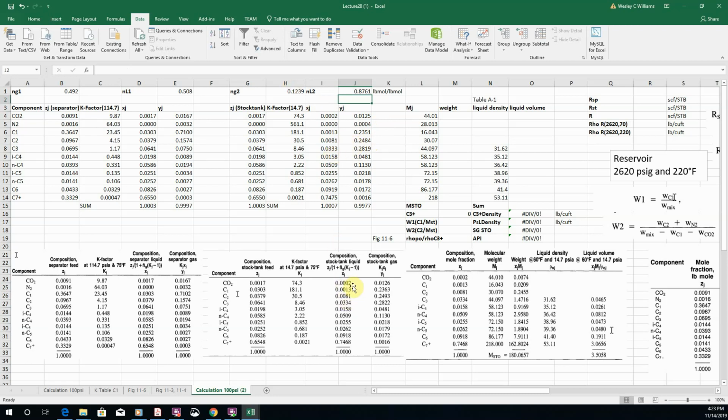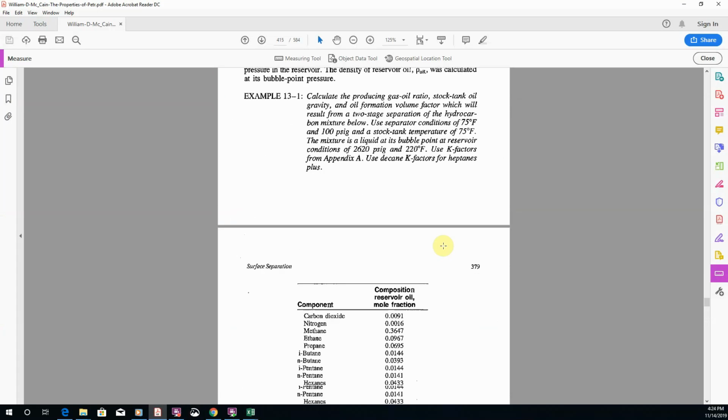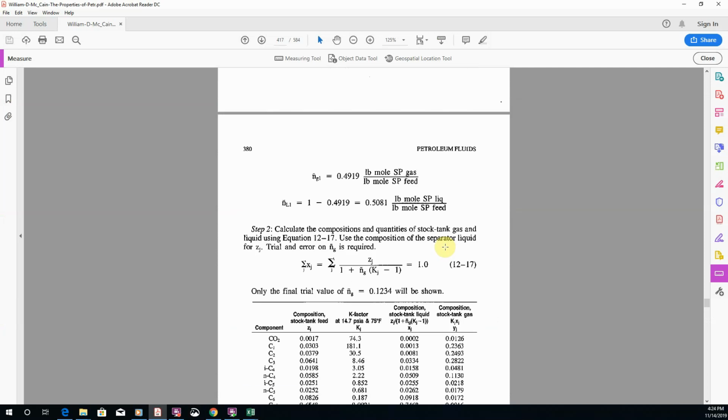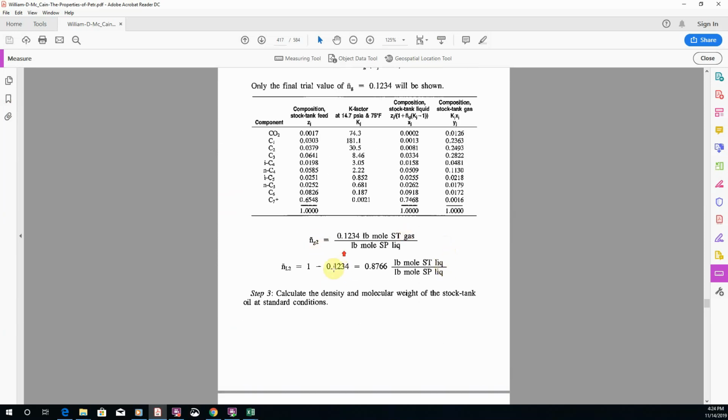Except let's check again. Here's the answers from the book. It's a little bit different, and I need to remind myself what the value he had in the book is. Let me go look there a second, just so we can stay consistent with his calculation. Here's his N2 value, so 0.1234.